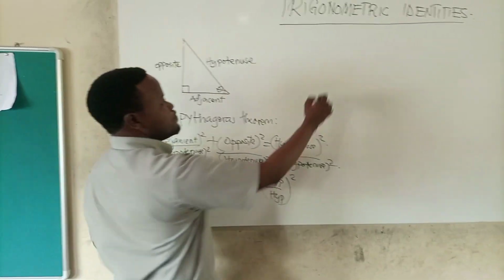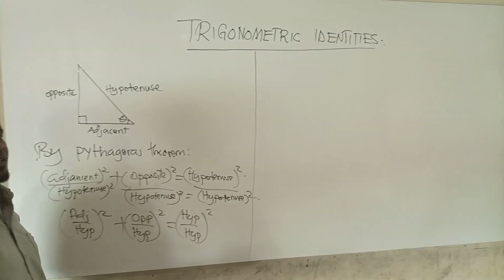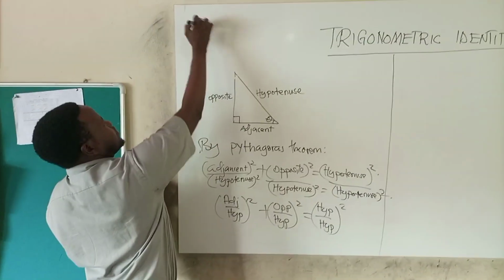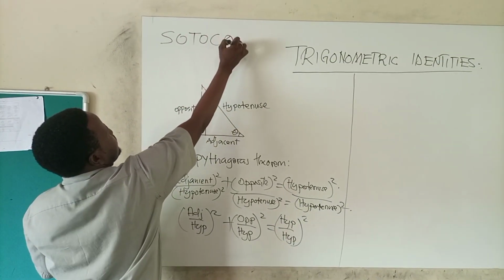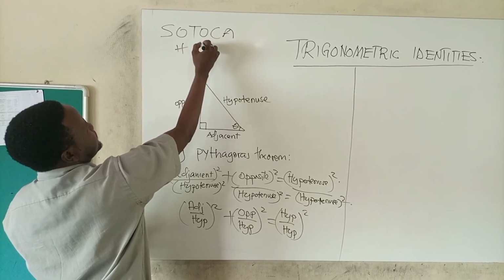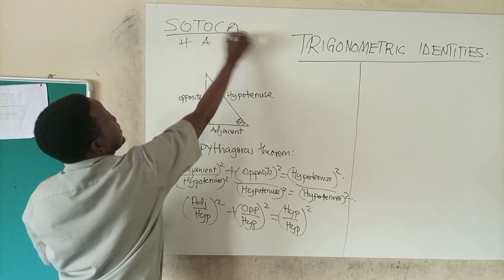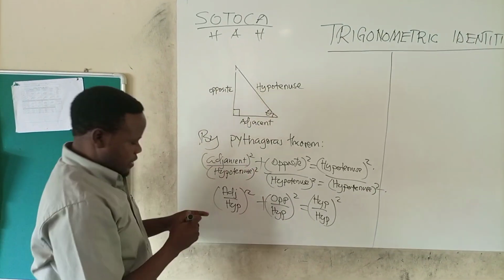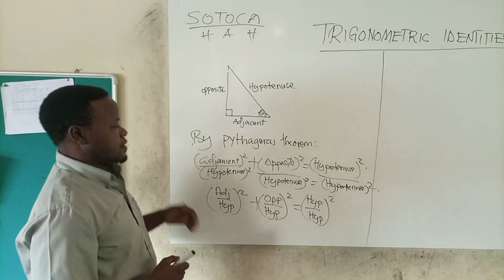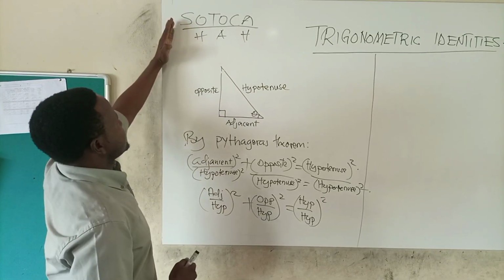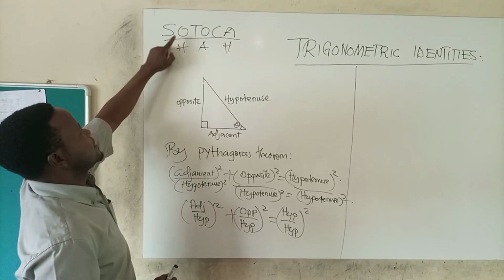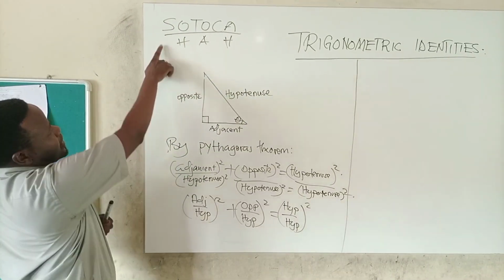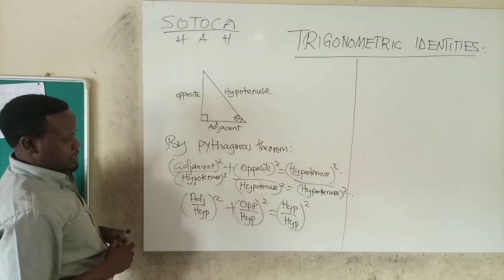Now I just want to remind you of a small principle, just like in humanity, that one which says SOH CAH TOA. This is one of the principles you can use to remember the formula of each. This one represents sine and this is opposite. So if you want to find the sine, you take the opposite side over the hypotenuse side.